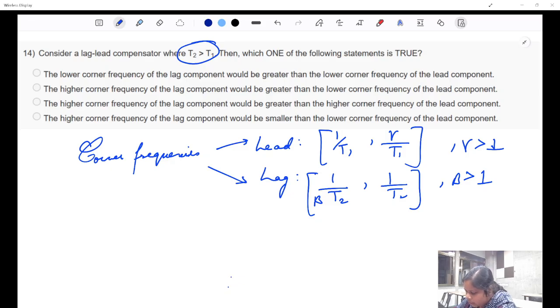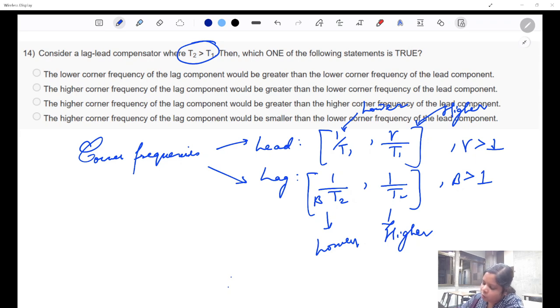Let's find out which is lower and which is higher, because that would create even more problem. In the lead case, this is lower, and since gamma is greater than 1, this is higher. In the lag case, beta is greater than 1, that means this is higher and this is lower, right?